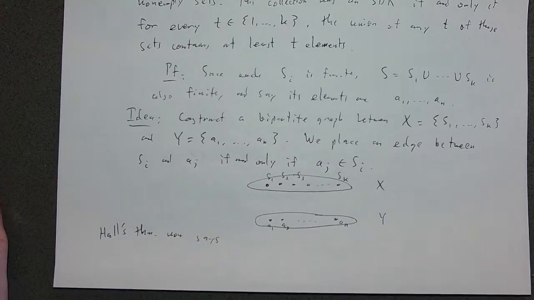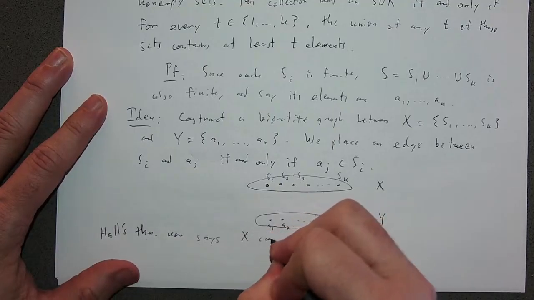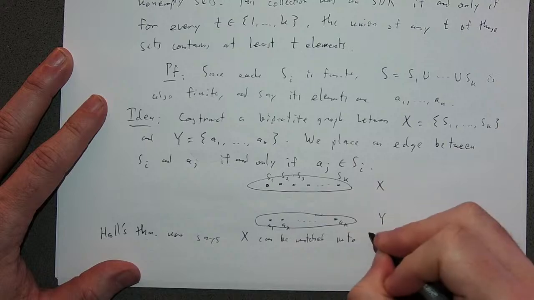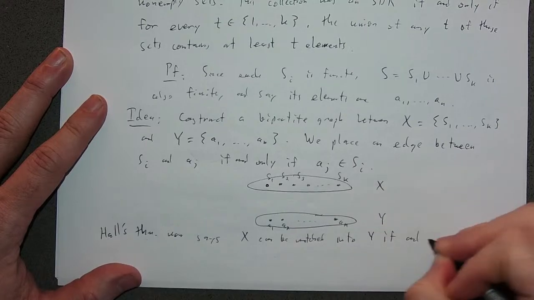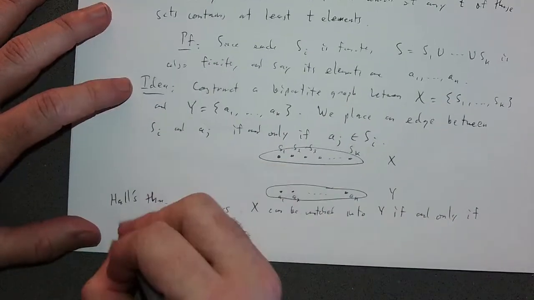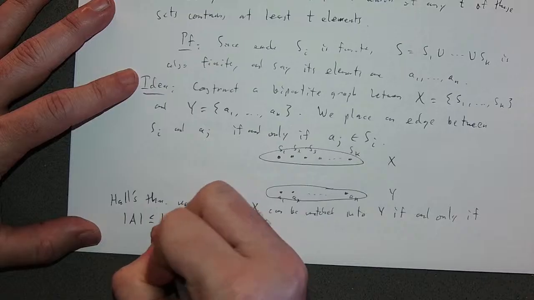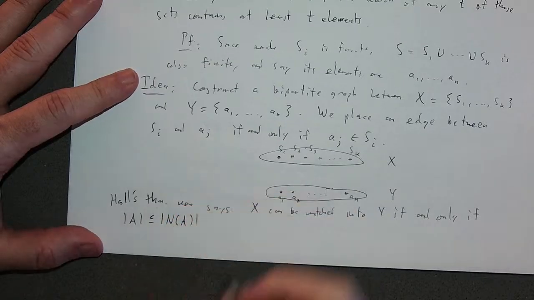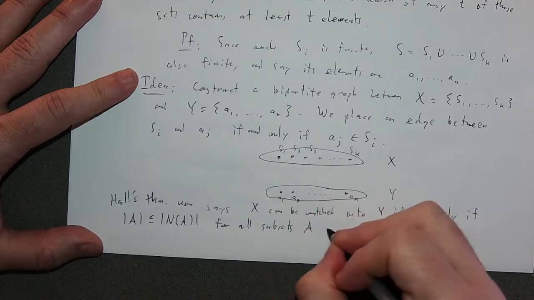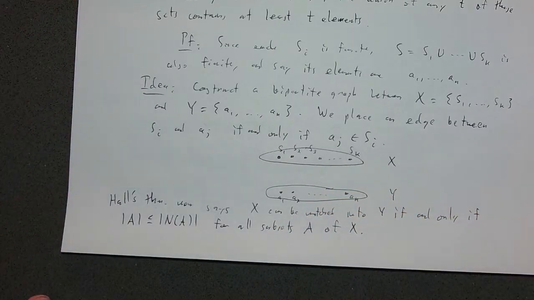It says that X can be matched into Y if and only if the cardinality of A is less than or equal to the cardinality of the open neighborhood of A for all subsets A of X. But then the collection of sets has an SDR if and only if for every T, the union of any T of these sets contains at least T elements.